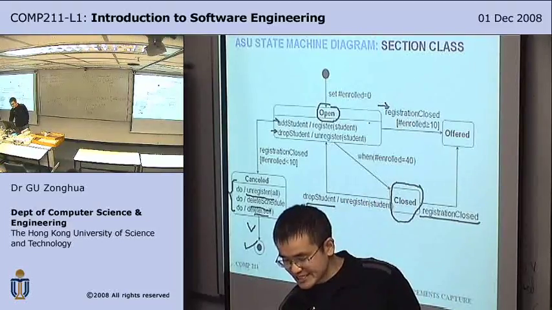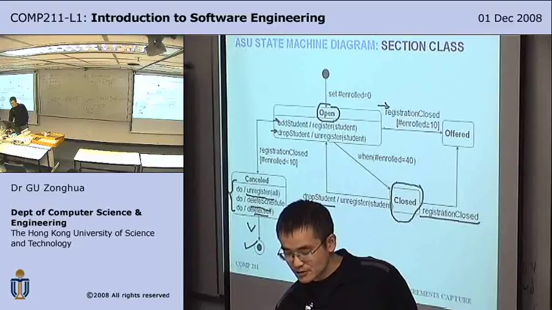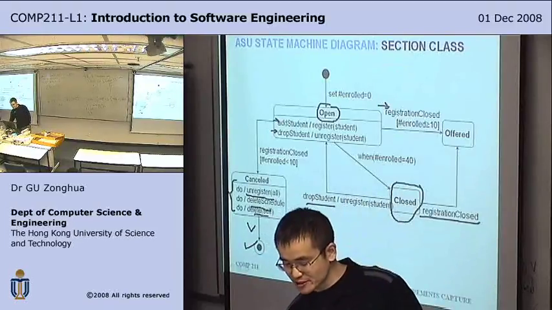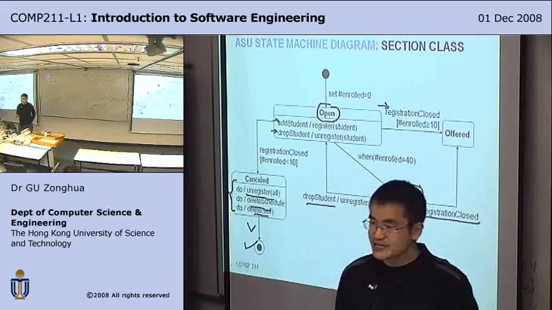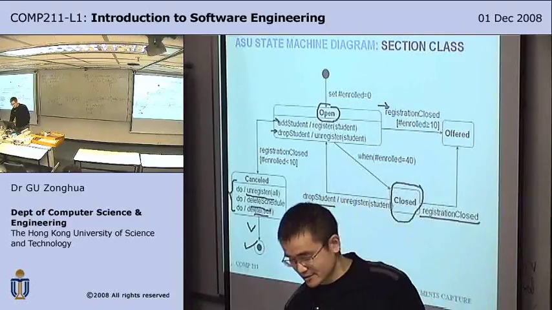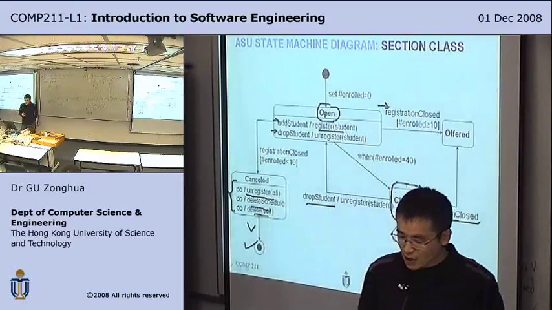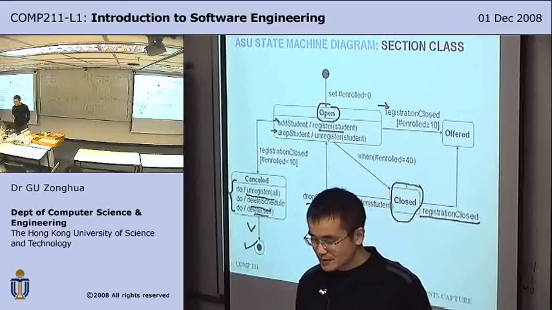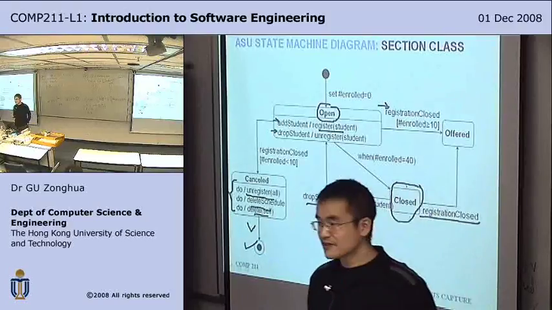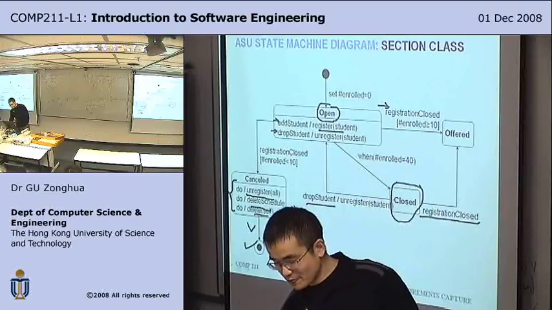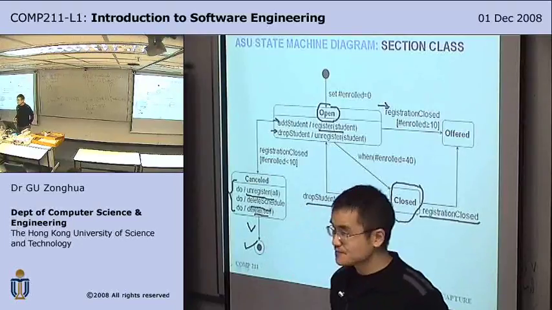So if you receive registration closed, you transition to another state. But if you receive add student or drop student, you stay within the open state, but do some action and stay in the state. While if you're in the closed state and you get an add student event, what happens? Nothing happens. It's ignored because there's no outgoing transition for that event in a closed state.